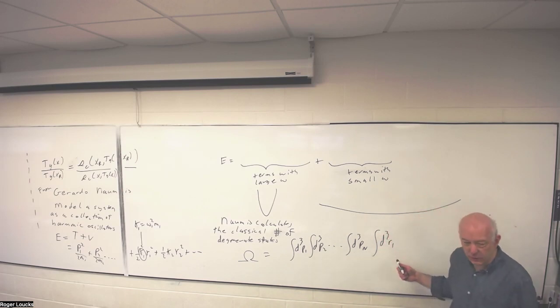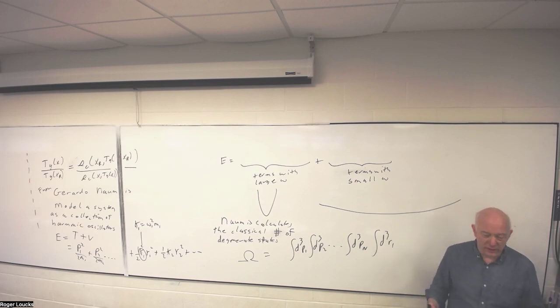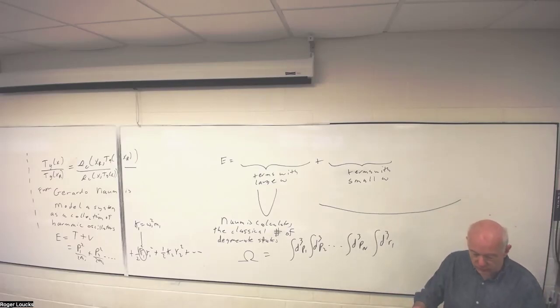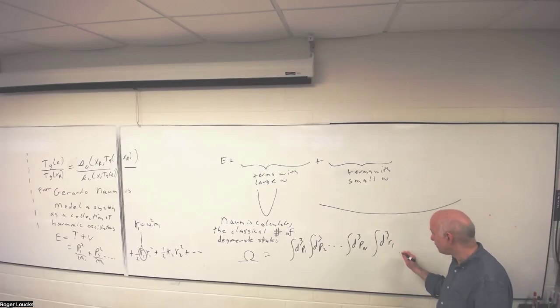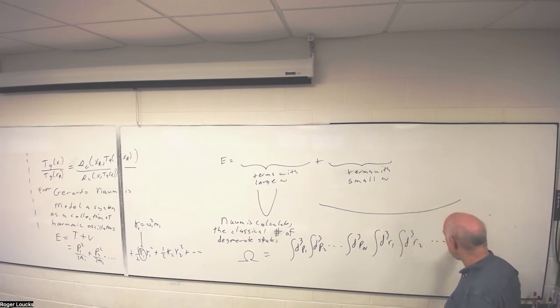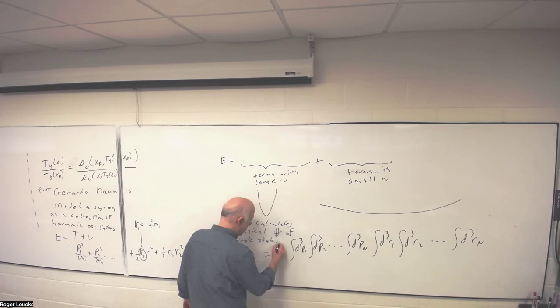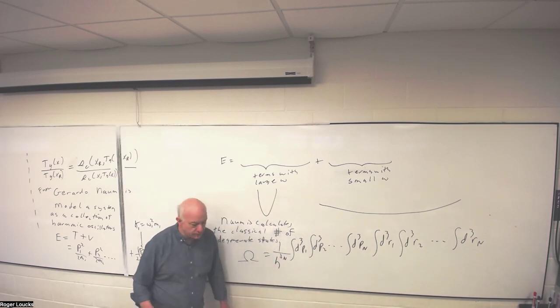And these positions he's now calling Q. The reason comes from classical mechanics, because that's what's called a generalized coordinate, or what's called a normal mode. If that means something to you, that's fine. If not, I'm just going to cheat and go like this, and write dQ1, dQ2, all the way up to the last one. And then if you remember, we have that weird factor of h here.